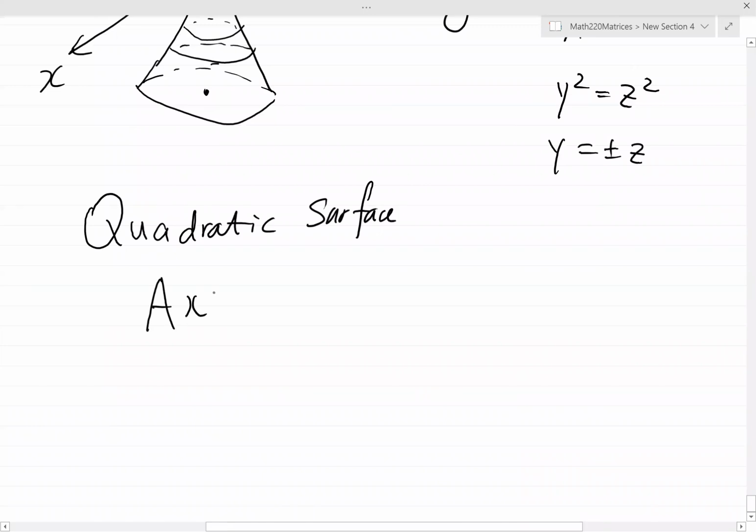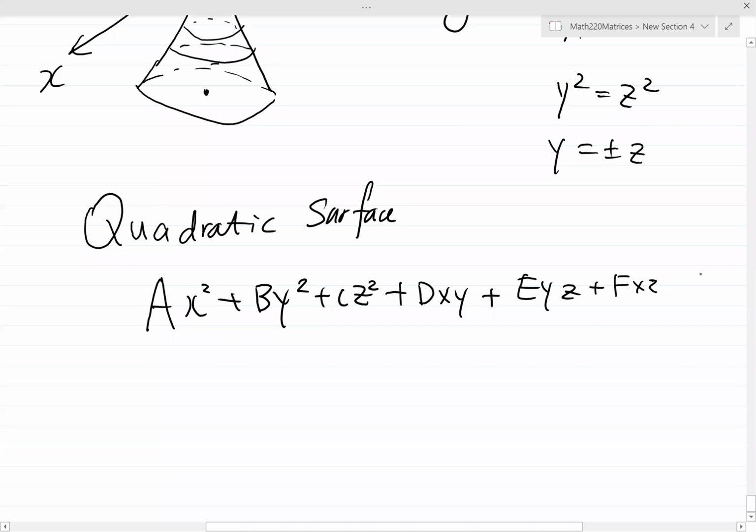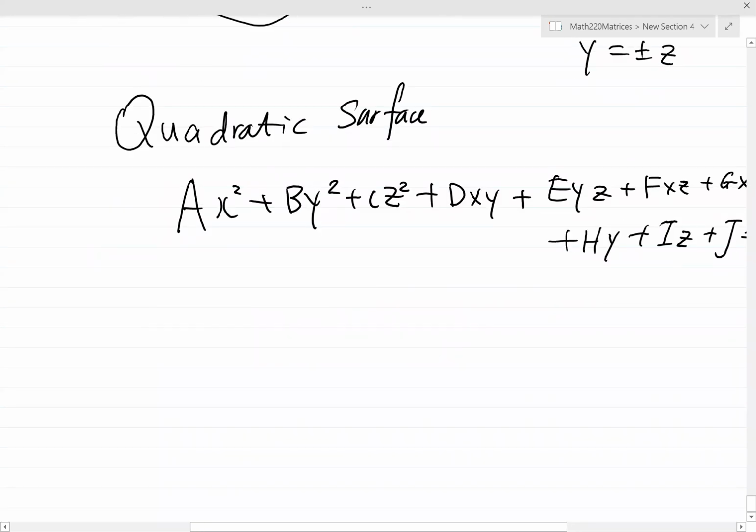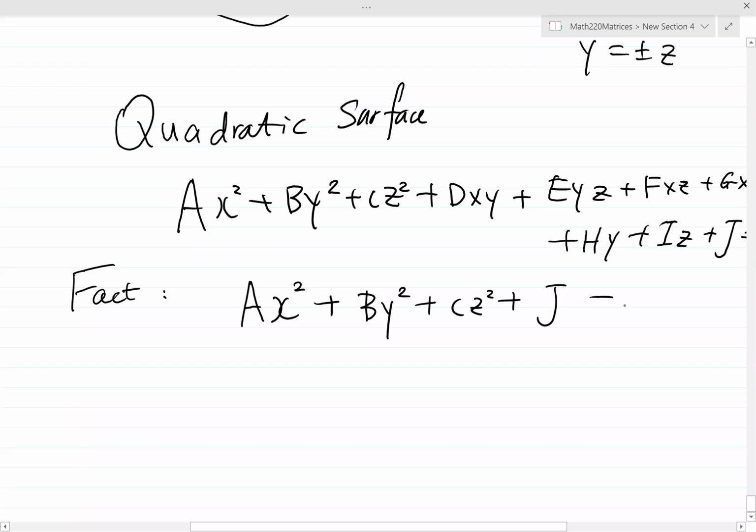The general form is ax squared plus by squared plus cz squared plus dxy plus eyz plus fxz plus gx plus hy plus iz plus j, where j is the constant term, equal to 0. By using substitution, we can write this in standard form, ax squared plus by squared plus cz squared plus j equals 0, or ax squared plus by squared plus iz equals 0.